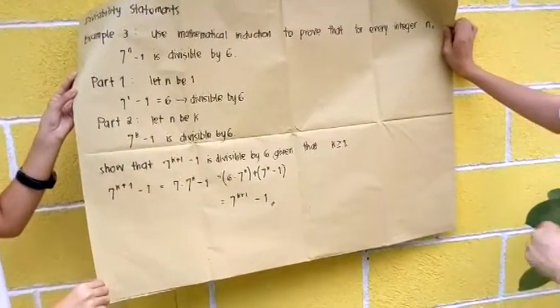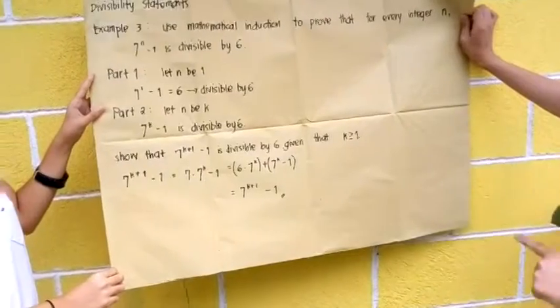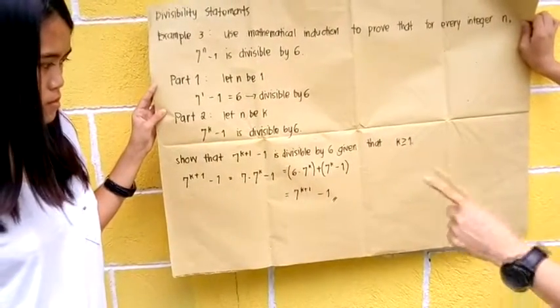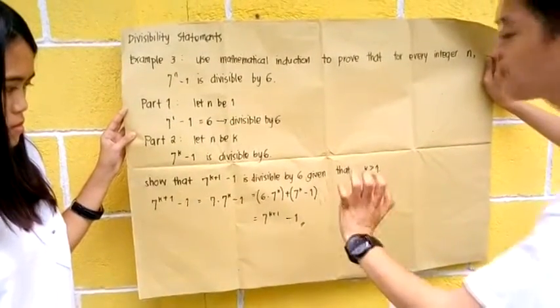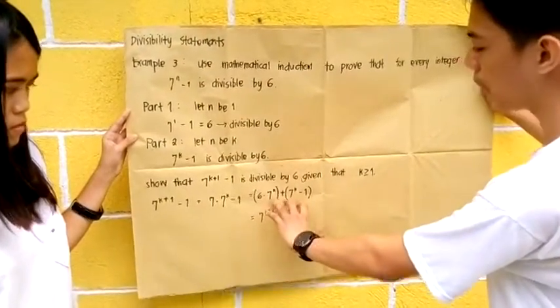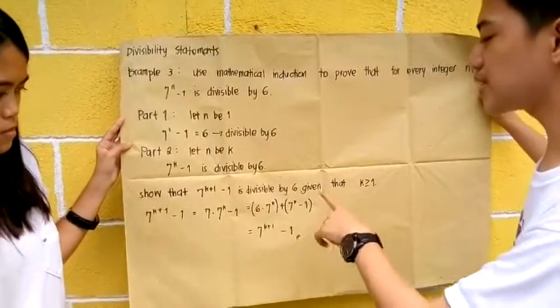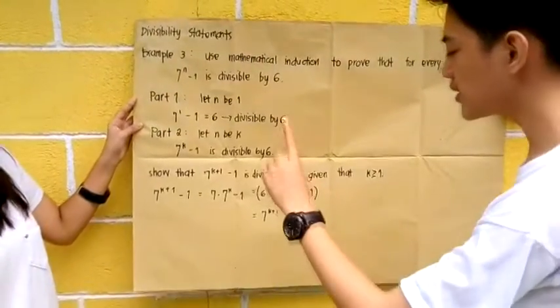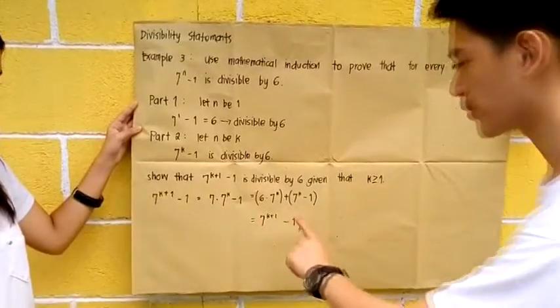7 raised to k plus 1 minus 1 is equal to 7 times 7 raised to k minus 1. Then, when we expand this, 6 times 7 raised to k plus 7 raised to k minus 1 is equal to 7 raised to k plus 1 minus 1.